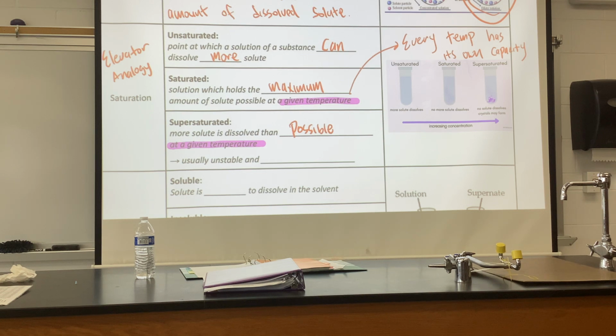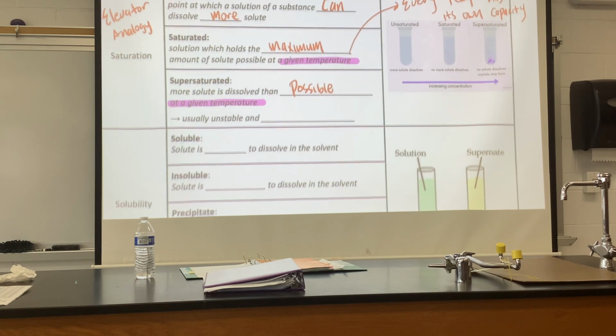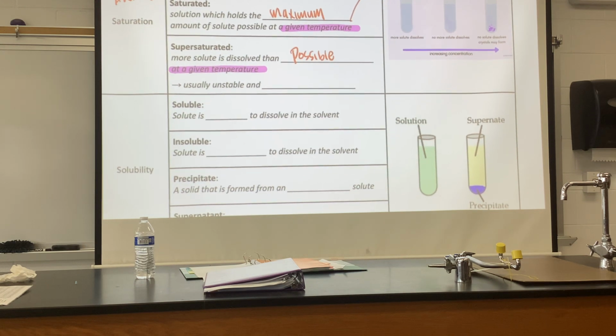So every elevator has its own capacity. Same thing, every temperature has its own capacity of how much solute that it can hold. Okay? So supersaturated, again, it's usually unstable and it will crystallize.